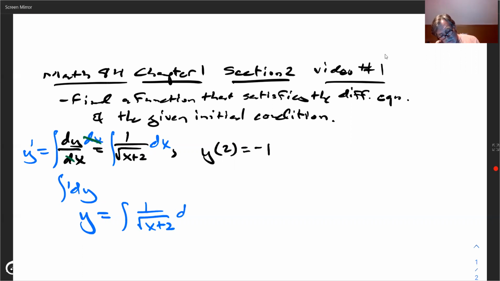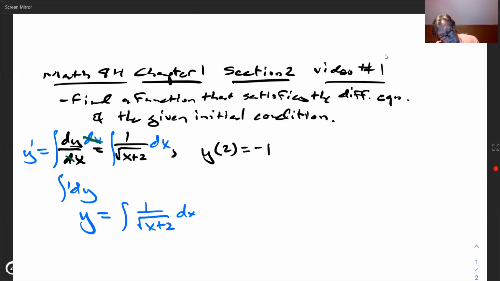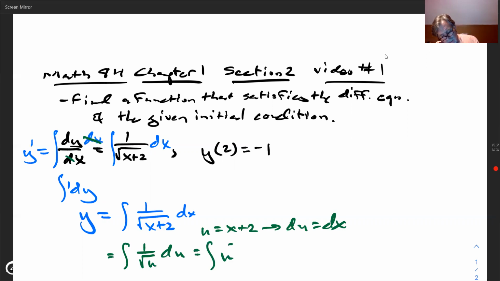And in this case, of course, I hope it's of course, u equals x plus 2, du turns out to be dx. So this integral can be looked at as 1 over the square root of u du, and that is equal to the integral of u to the negative 1/2. And this is all Calc 1, isn't it? It's not terrible.